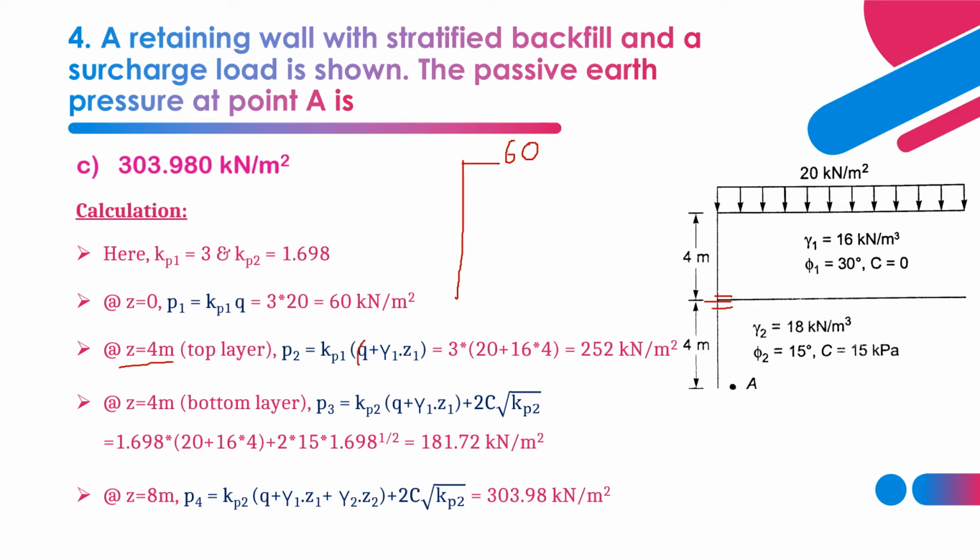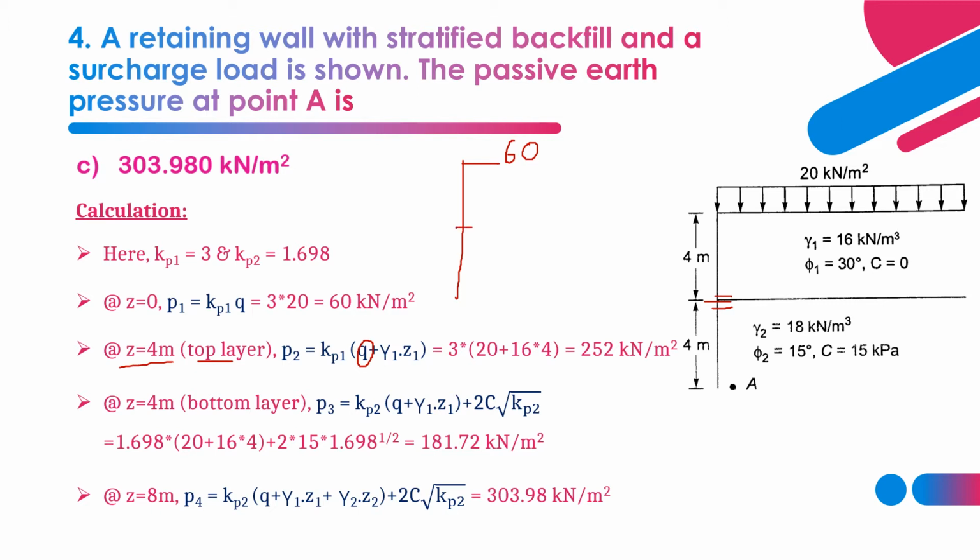This Q we have to consider because there is a uniform surcharge occurring over the top of the soil. And we use Kp1 because we are considering the top layer. So 3 into 20 plus 16 into 4 will give the answer as 252.